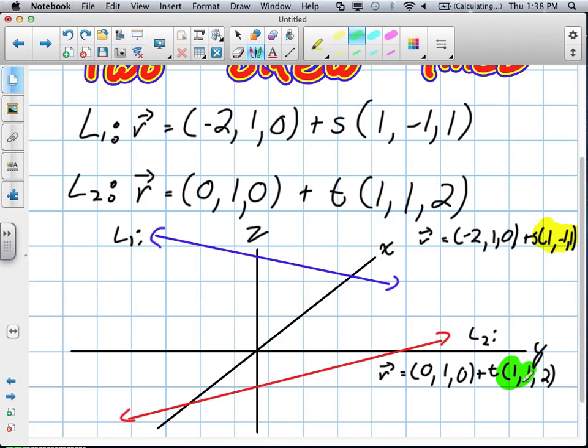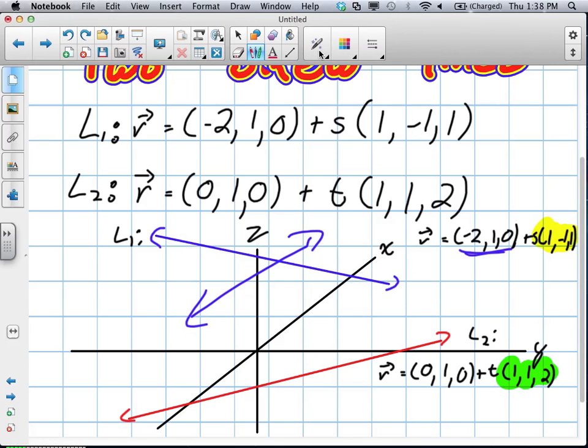Okay? Since we know that these vectors won't touch each other, we know that the direction vectors going through the same points. So if we drew direction vectors like that, can I do a red one too? Won't touch each other. Okay? So what we're going to do is we're going to create another vector going through the same point here, but it's going to have the other line's direction vector.